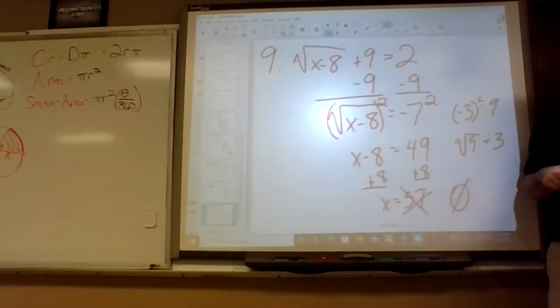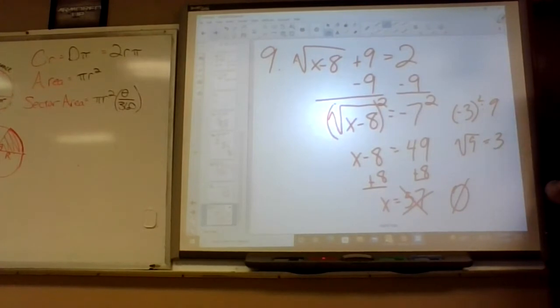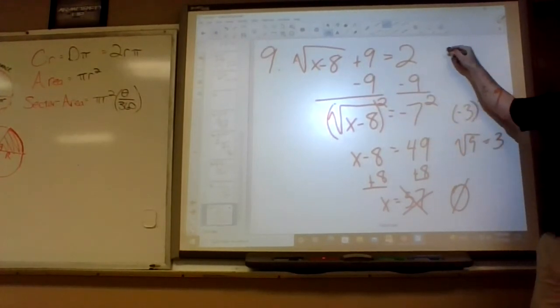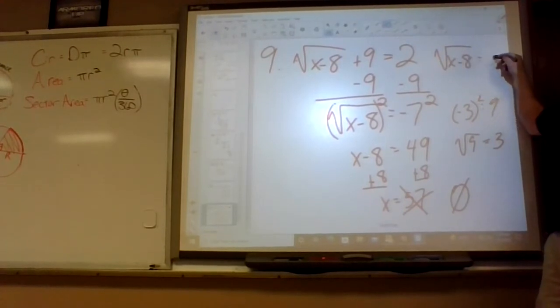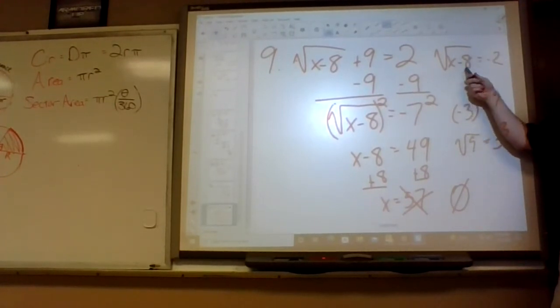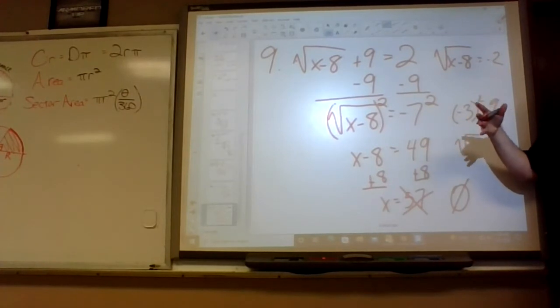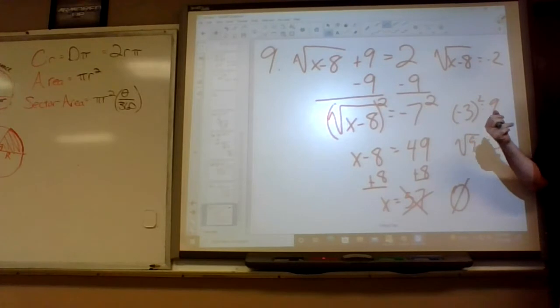But if you were to put the 9 over on the other side of the equation, by subtracting 9, you mean? Yes. Okay. And then you did your square root of 49. Technically, it could be either 2 or 7. No, a square root always comes out as positive, not negative. Okay. That's kind of how it always works.